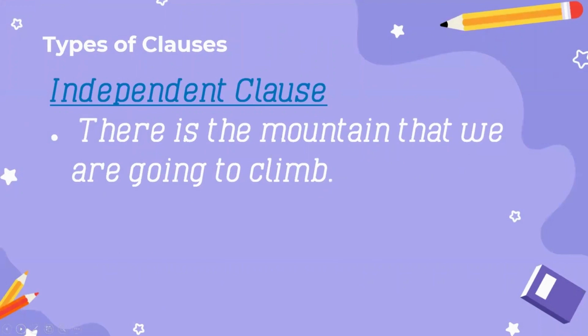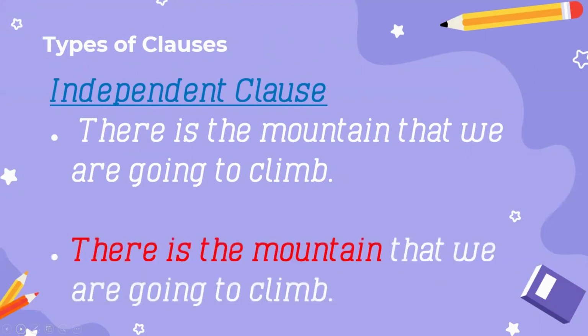The first type of clause is what we call independent clause. Look at this example. There is the mountain that we are going to climb. In this sentence, what is the independent clause? You are correct. There is the mountain is your independent clause, and that we are going to climb. What is the subject?